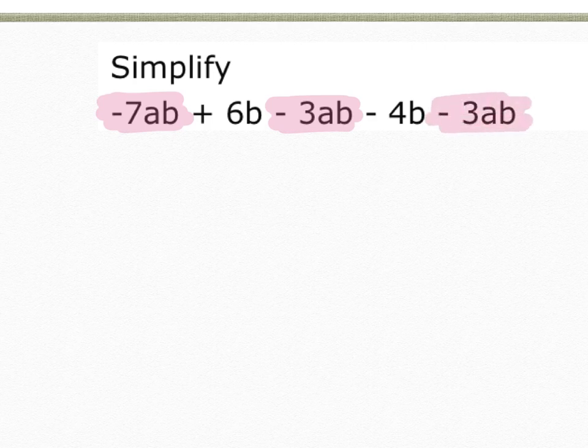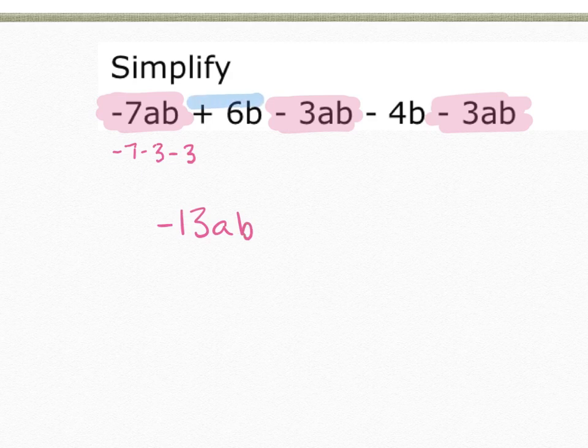So when we're just looking at our coefficients, we have negative 7, minus 3, and minus 3. What do we get when we subtract negative 7 minus 3 minus 3? Negative 13. Awesome. So negative 13, and then what's the variable that we put behind it? ab. Perfect.